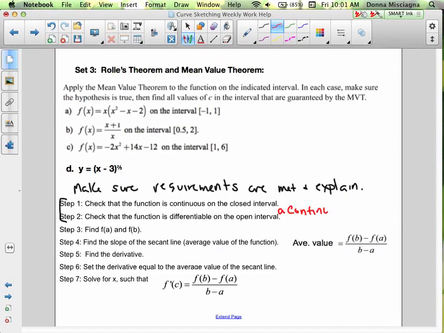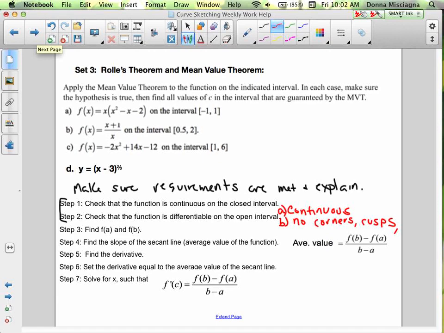Now, differentiability implies continuity. If it's differentiable, it is continuous. But just because a function is continuous does not mean it's differentiable. There also has to be no corners, cusps, of course no asymptotes, but an asymptote is a discontinuity.